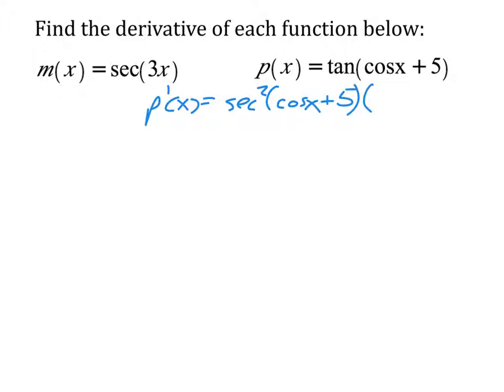So that means the derivative of cosine of x plus 5. Well, the plus 5, of course, ends up being 0 when we take the derivative. So it's just cosine of x that we're finding the derivative of, and that is negative sine of x.